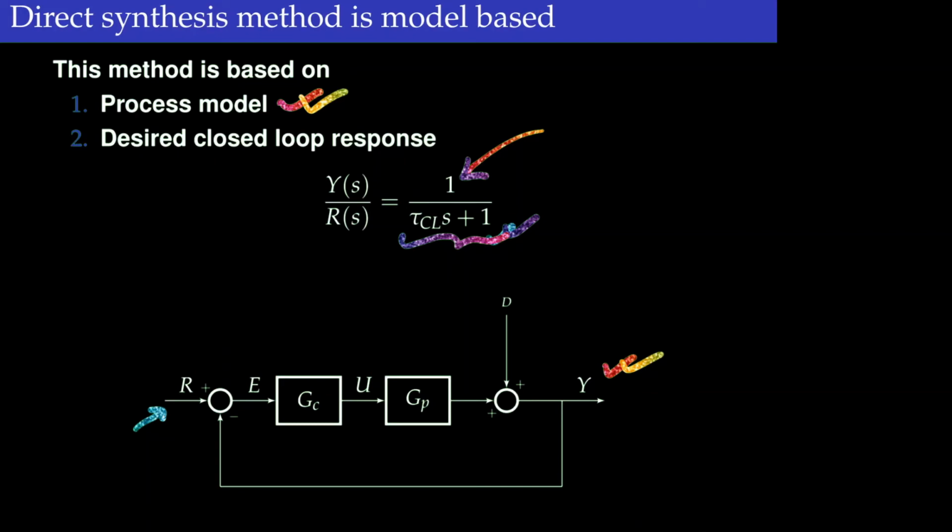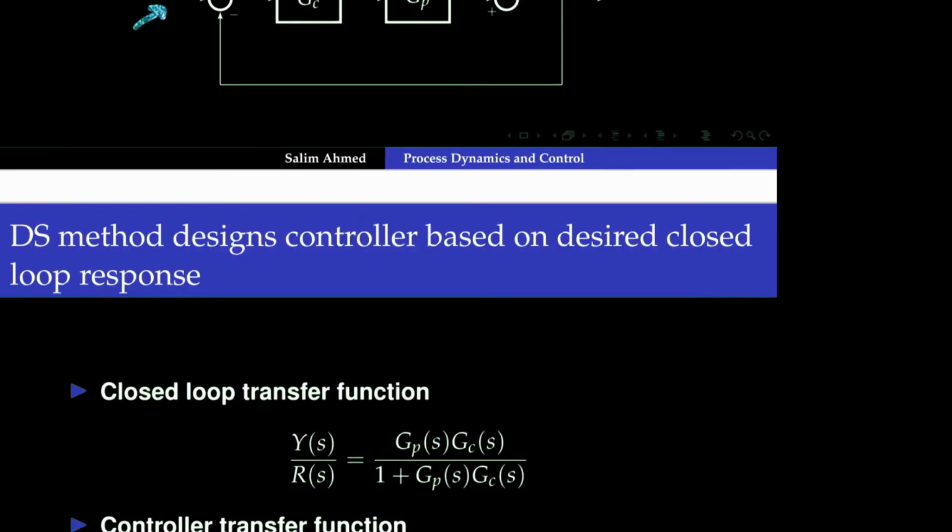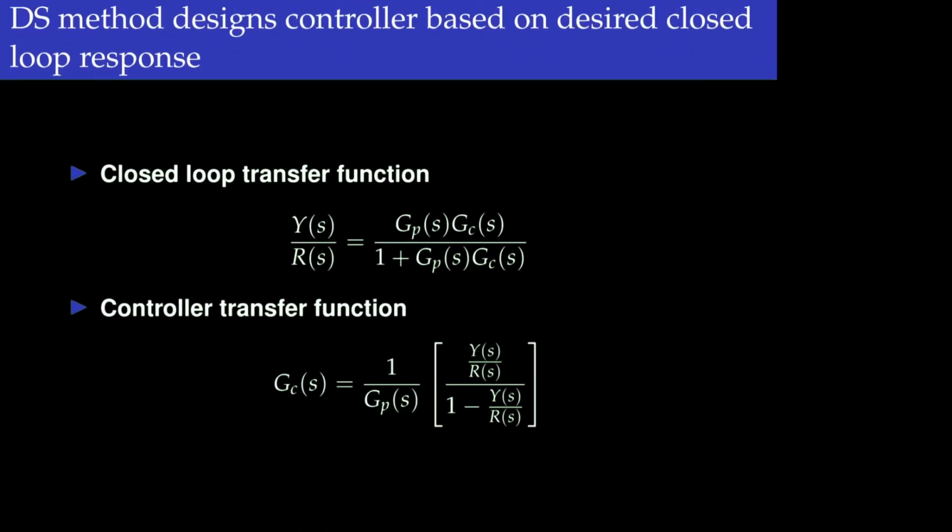Now, if we look at the closed loop transfer function, we know it can be represented by this equation: Ys over Rs equals GpGc over 1 plus GpGc, where Gp is the process model and Gc is the controller. So in this equation, if we define Ys over Rs, and if we know Gp, the only unknown is Gc.